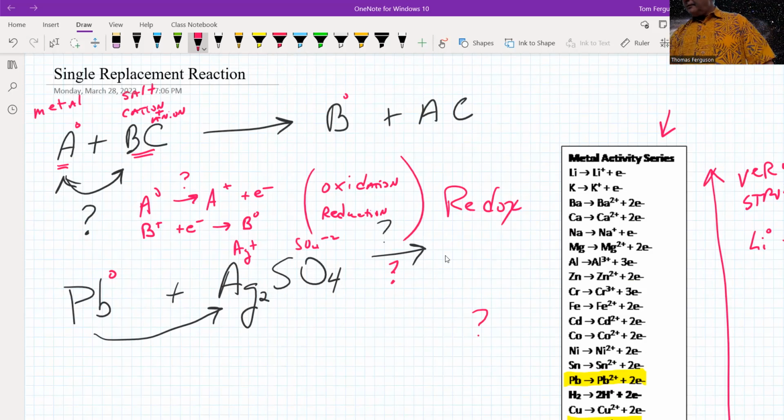So if we say we're starting off with A, which is a metal because it's got a 0 on it, and we're in a solution of B and C, where B is the cation and C is the anion, if this reaction goes, the cation becomes a metal, and the metal becomes an ion. Basically the A and the B swap. If the reaction doesn't go, they don't swap. Nothing happens.